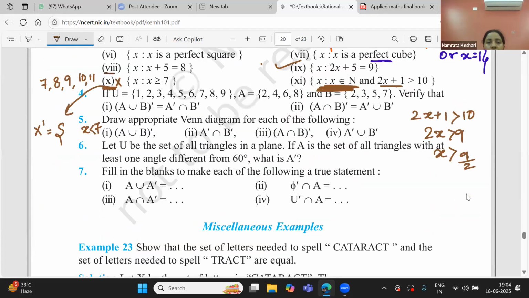Okay, so we are done. Venn diagram I'll be explaining. I'm sharing another screen.